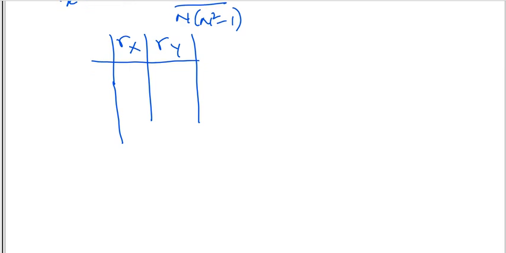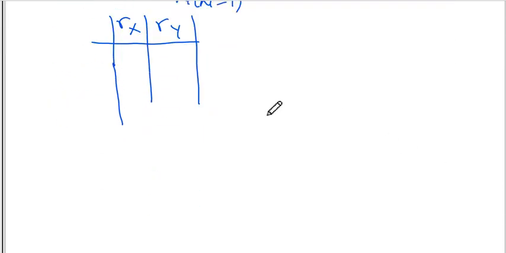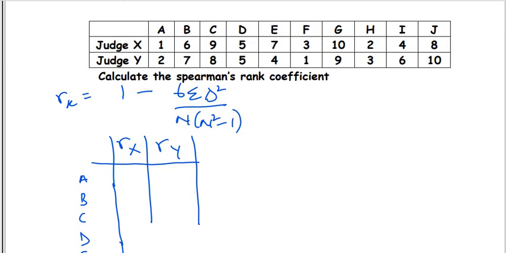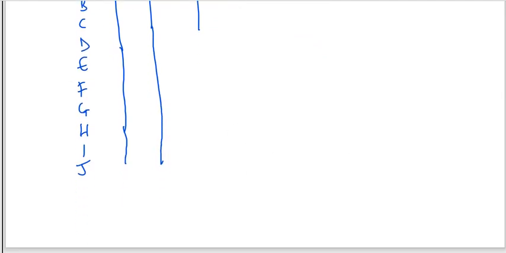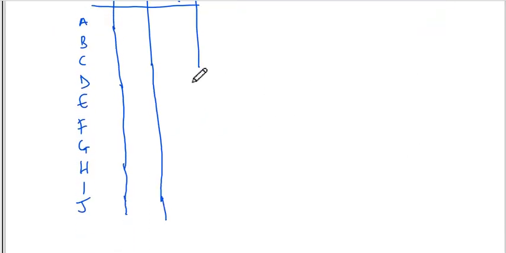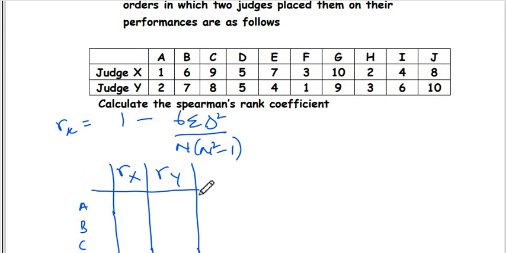Then we have A to J. So here we have A, B, C, D, E, F, G, H, I, J. Let's extend this.